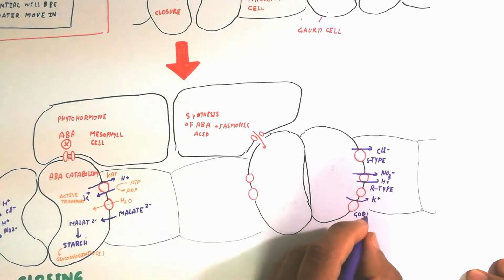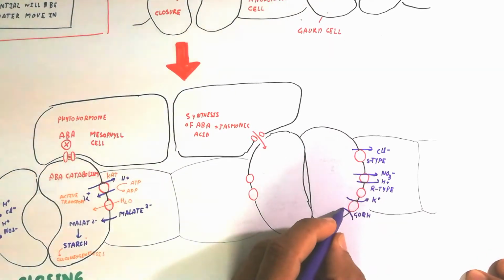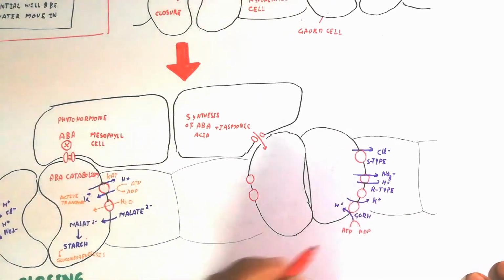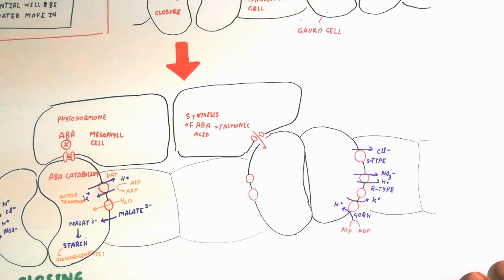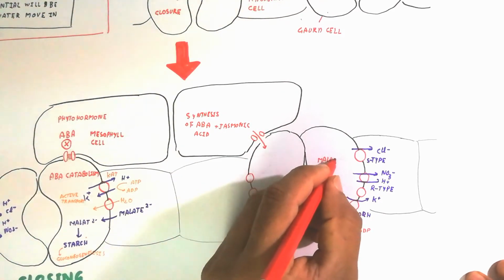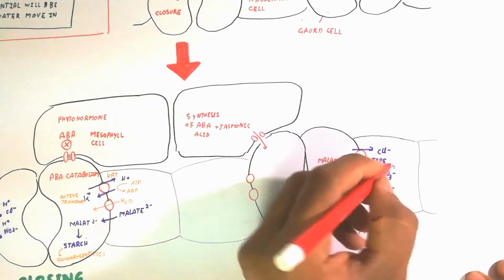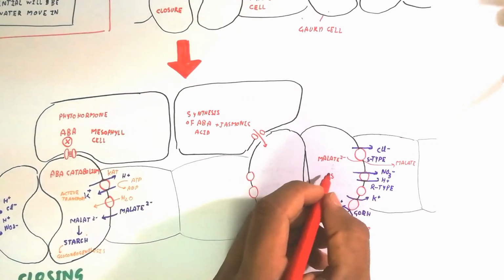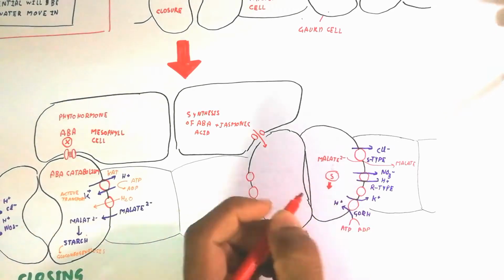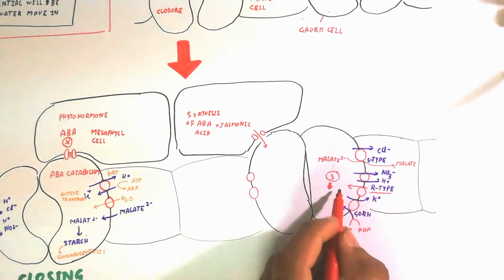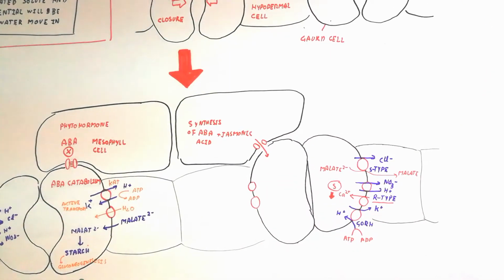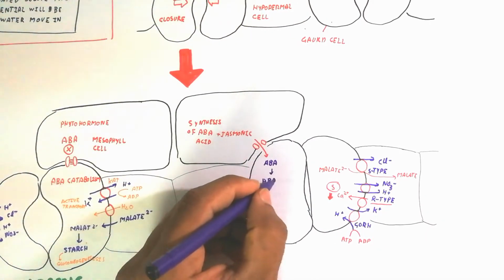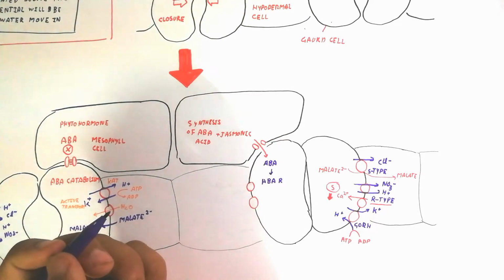Now we will talk about the closing of the stomata due to the guard cell. Here the synthesis of abscisic acid and jasmonic acid enter into the guard cell, which are responsible for the chloride ion S-type channel, which excretes, and nitric oxide, R-type channel, which excretes, and potassium will excrete due to the entering of the hormone.